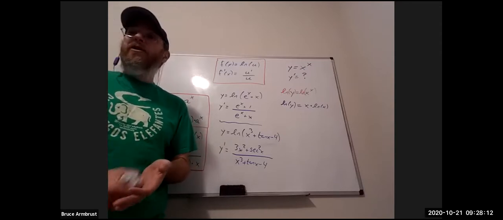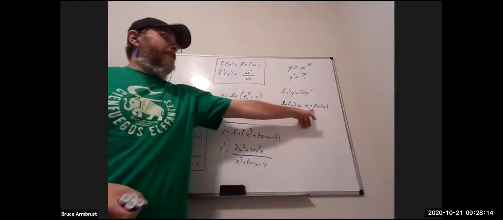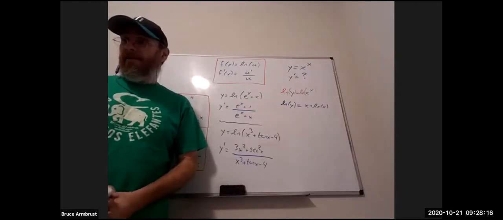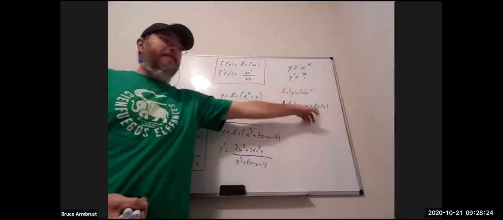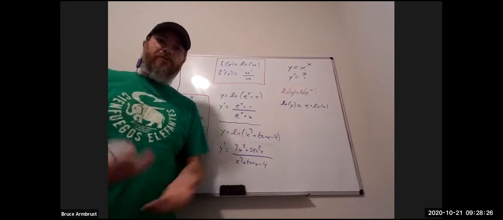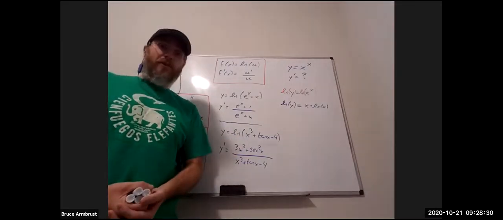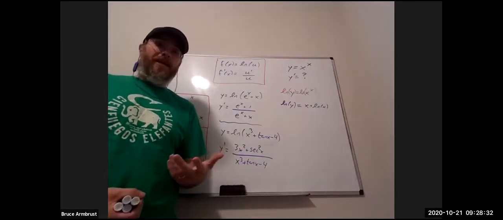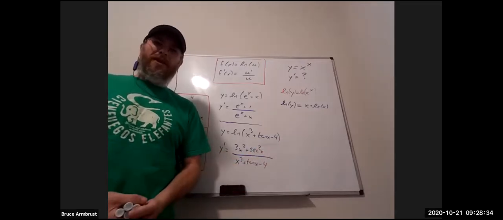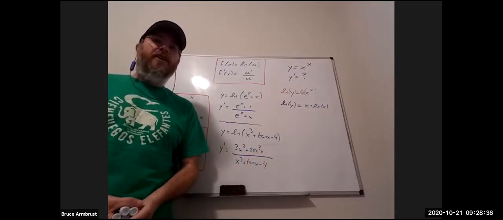What are we going to do with the x out in front? You have to use product rule again. Yeah, there's going to be product rule. I've got x times natural log of x. I know how to do product rule. You know how to do product rule. And so since we can do each one individually and multiply together, totally we can differentiate that.